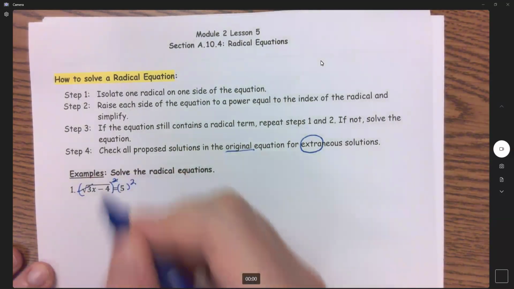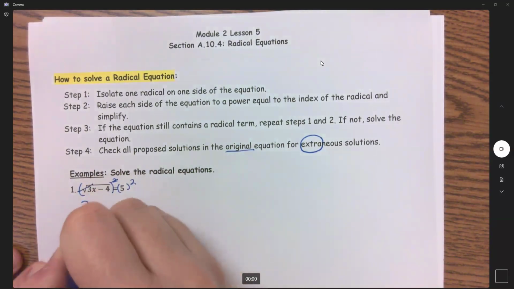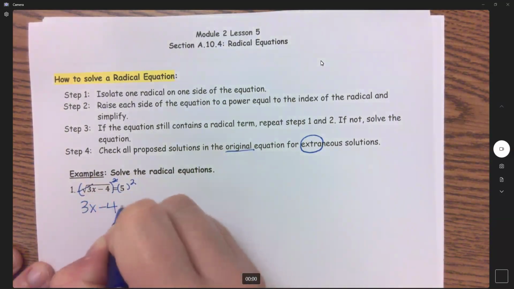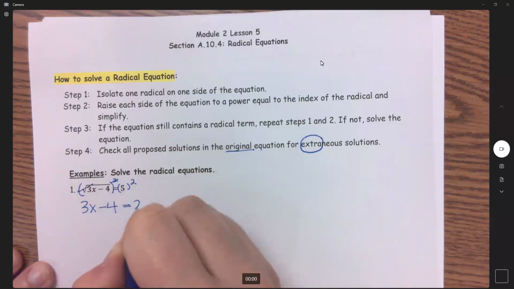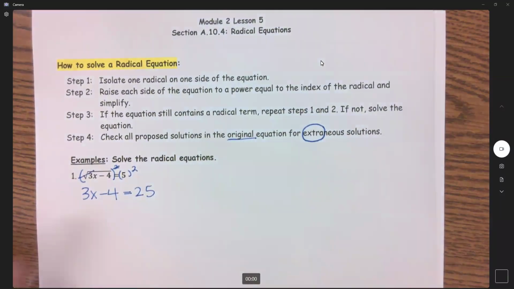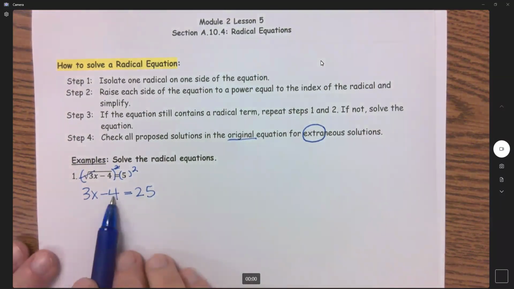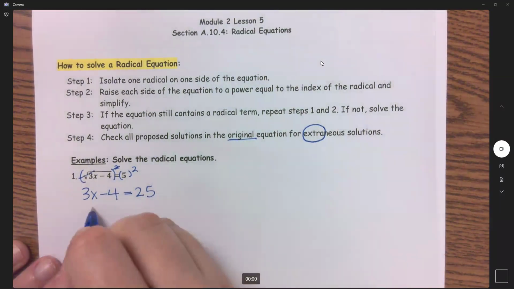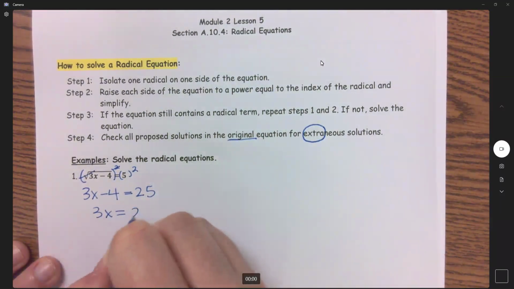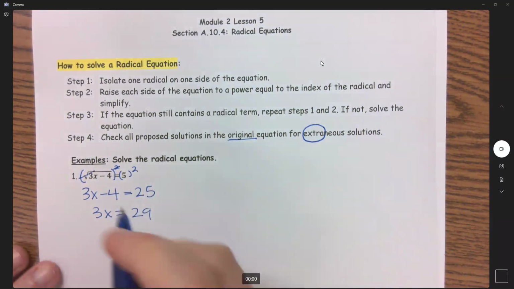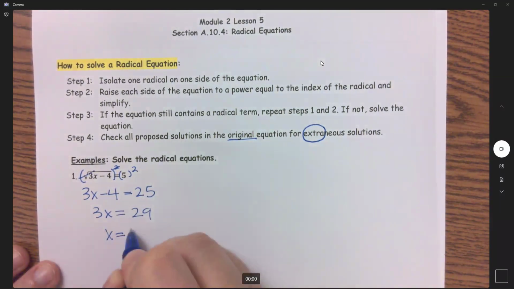So the square root and square cancel, and I am left with 3x minus 4. 5 squared is 25. Now I have a linear equation because we just have x, so solve like normal. We're going to add our 4 over and then divide by 3. So x equals 29 over 3.